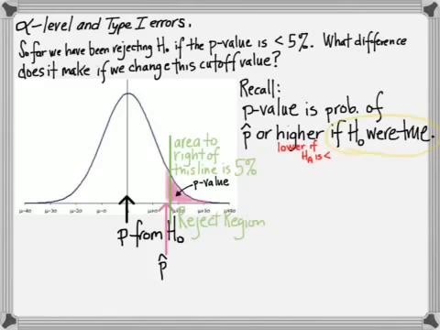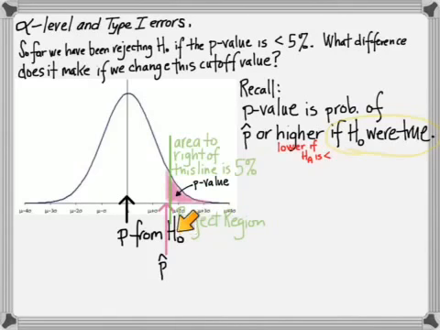So let's think about what this means. That means that if I were to get a p-hat from my sample or from my experiment that landed out here someplace, either near here or much farther out, and then if I were to shade the area to the right, I would be less than 5%, because this area to the right of this line is exactly 5%.